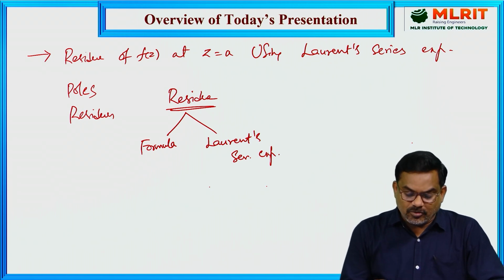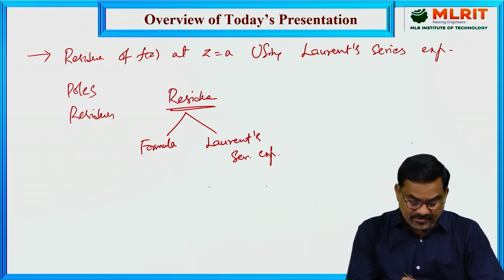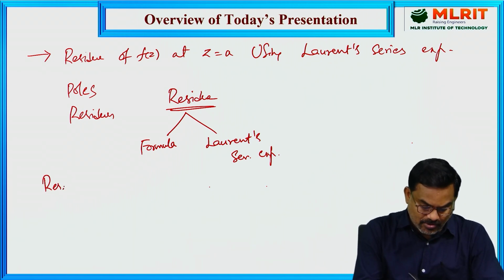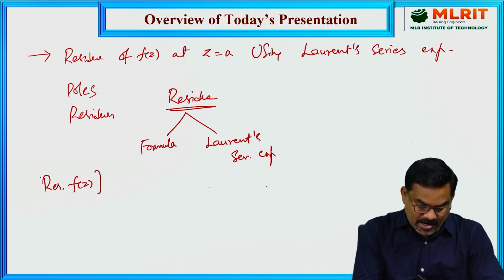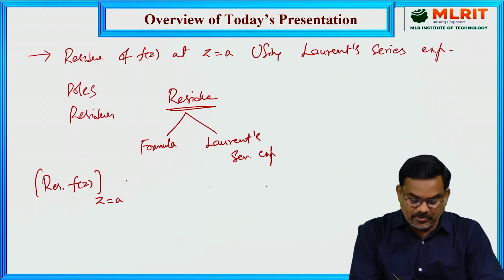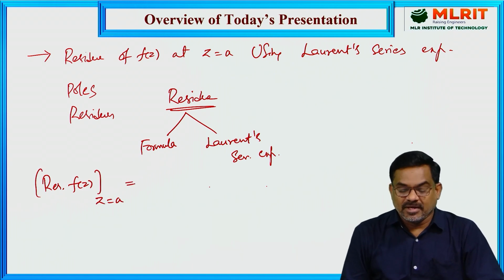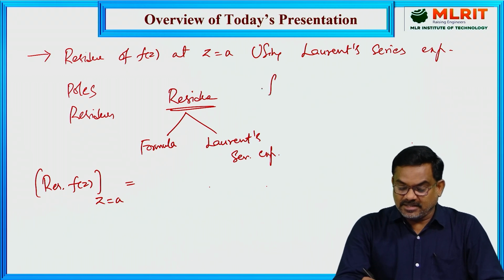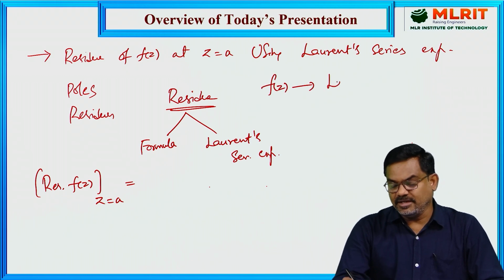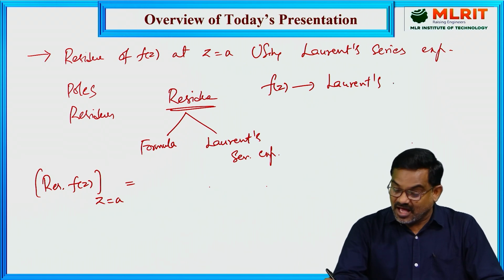So how do we find the residue of f of z at a pole z equal to a using Laurent series expansion? First, expand the function f of z as a Laurent series.